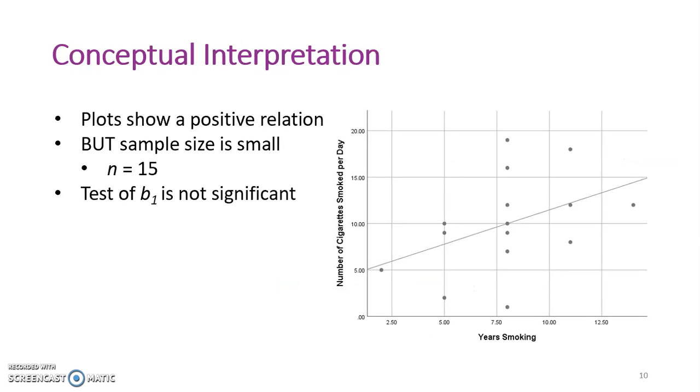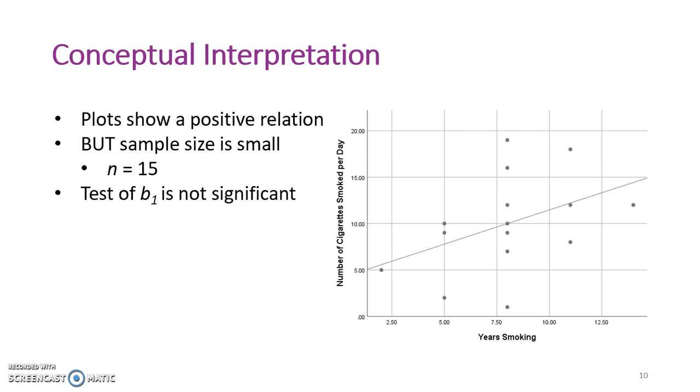Now, let's talk for a minute about the conceptual interpretation of the results of this analysis. When we looked at the plot of years smoking and number of cigarettes smoked per day, the plot shows a positive relation. However, we had an extremely small sample size in this study. There were only 15 people in this study.